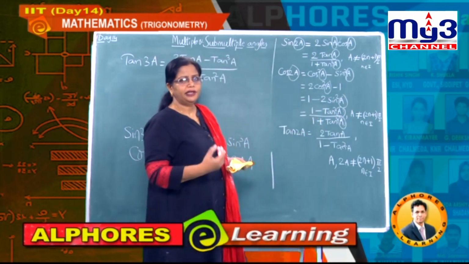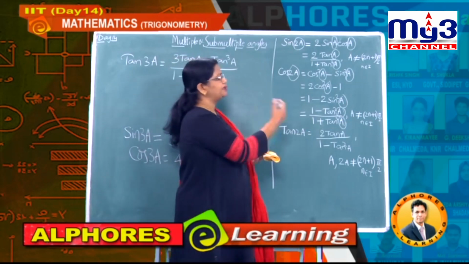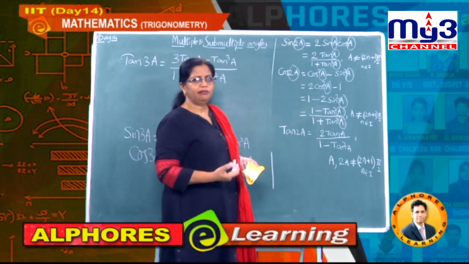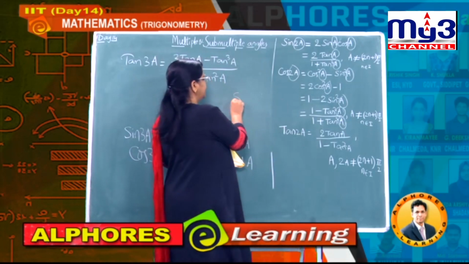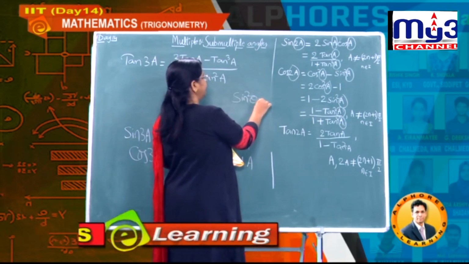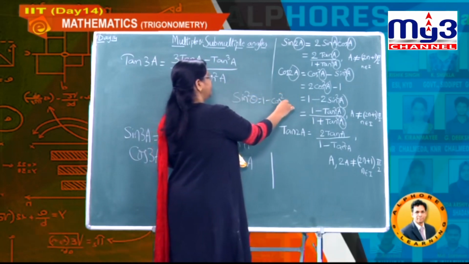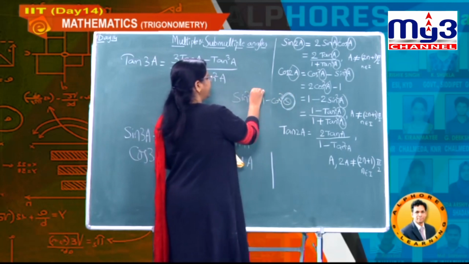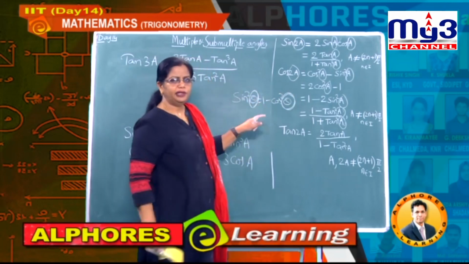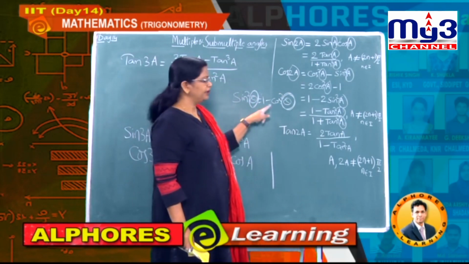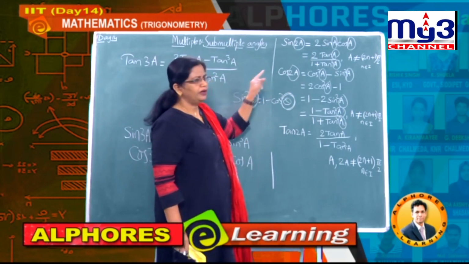While doing identities, we wrote sin square theta equal to 1 minus cos square theta. Understand? So whatever left hand side angle you have, the same you have on the right hand side also when we did this identity concept. Whereas here it is not like that.